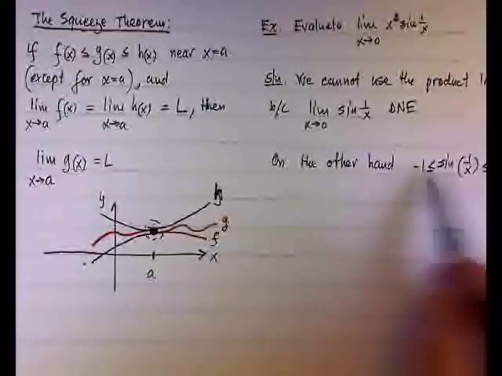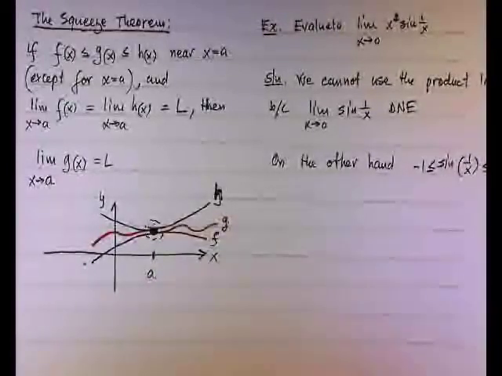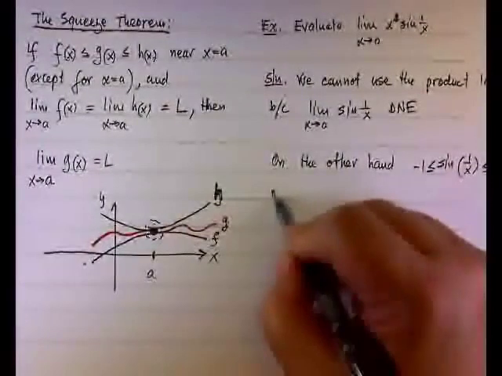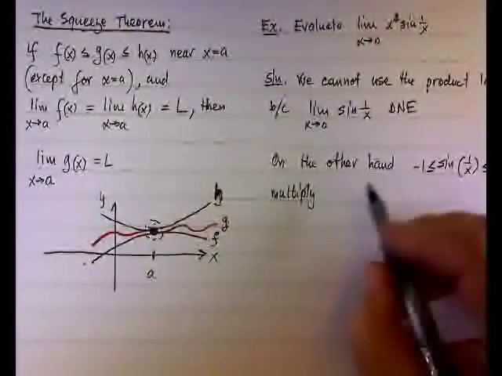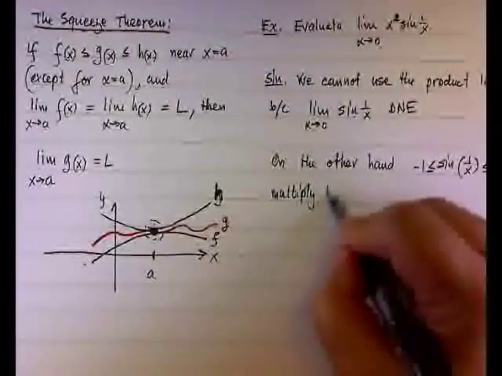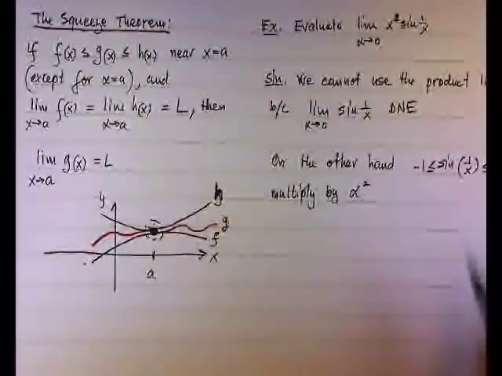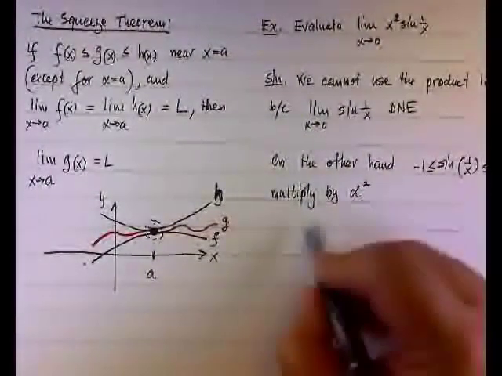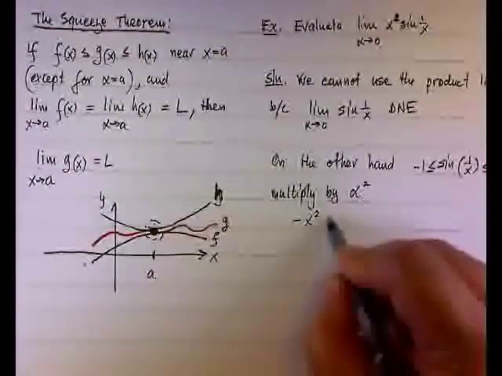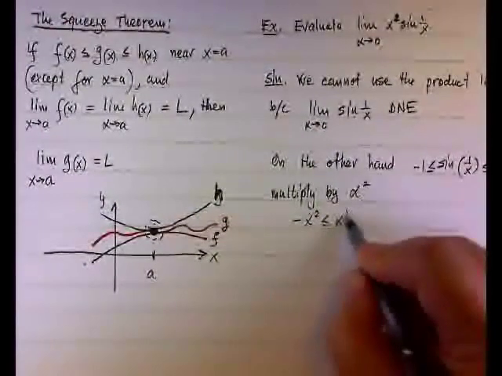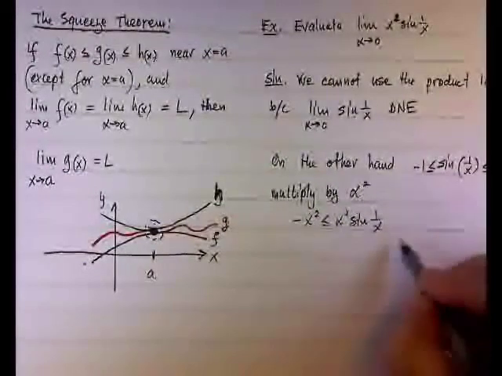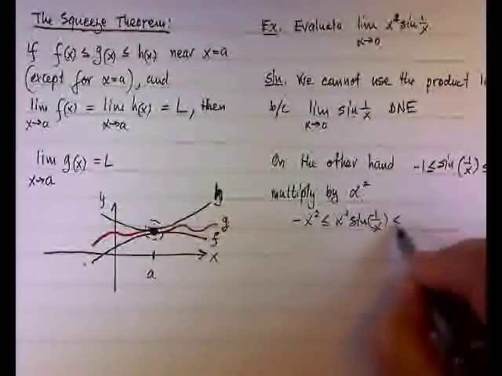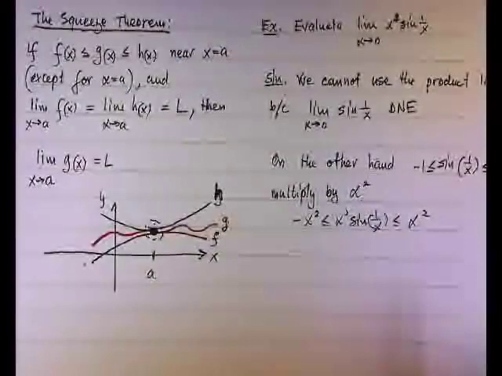You want to have a compound inequality where you have 3 terms. Okay, so what we'll do now, we'll multiply this compound inequality by x squared. Okay, and if you multiply, you get negative x squared less than or equal to x squared times sine of 1 over x, and less than or equal to positive x squared.